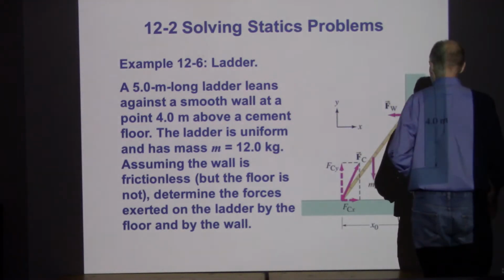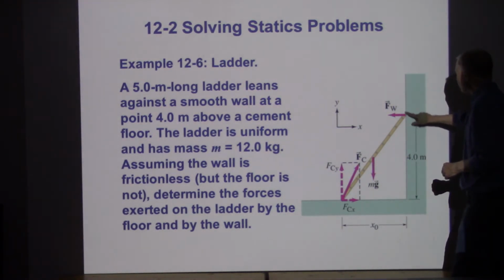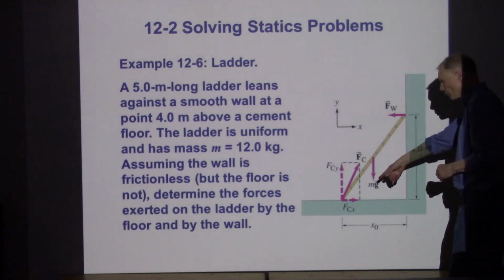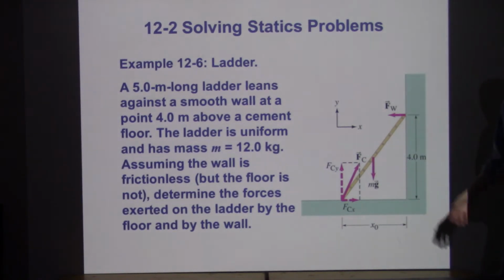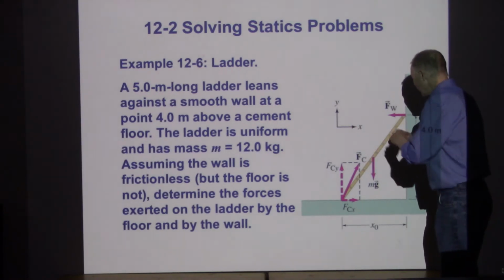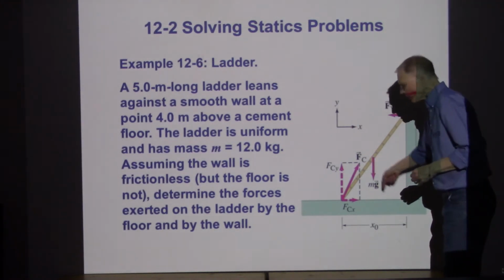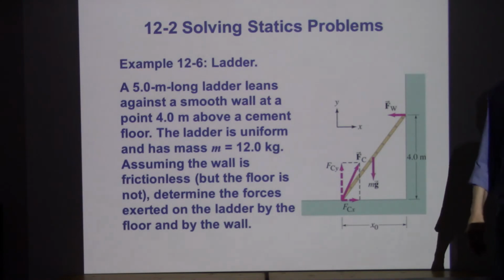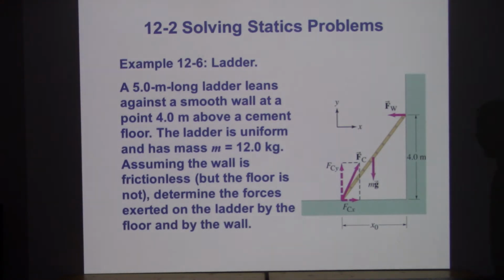We're going to keep the problem simple by ignoring frictional effects on the wall. But we do need the frictional force on the floor, otherwise there's no way to reach static equilibrium with the ladder. Now the ladder itself, we don't have anybody on the ladder right now, so we just have the gravitational force acting on the ladder itself, and that's about it.